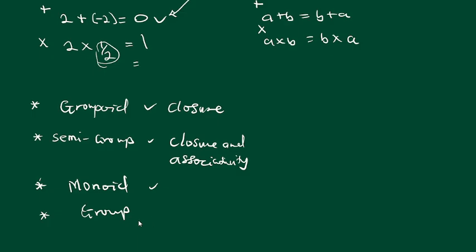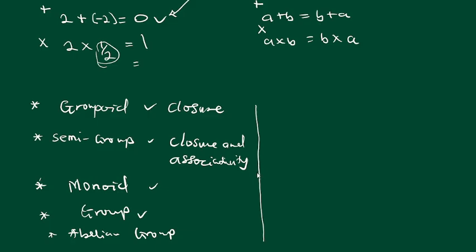Now, if a binary system obeys the conditions for a group together with commutativity, it is called an abelian group. So it obeys the group properties together with the commutativity property. It is called the abelian group.